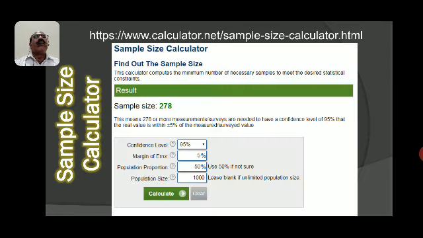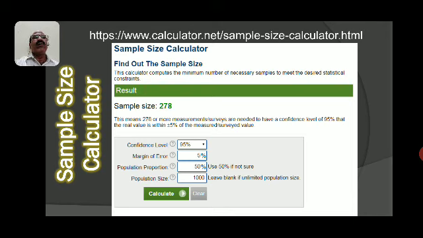Once you have done that, how can you calculate what the sample size should be? You can go simply by, as we discussed, confidence level, margin of error and the population size. If I have a 95% confidence level, margin of error is 5%, and the population proportion is 50.